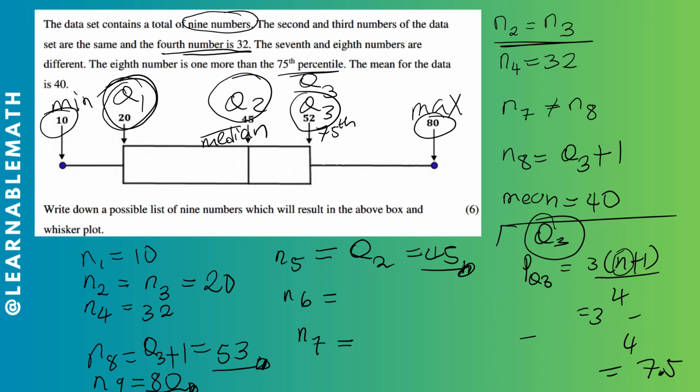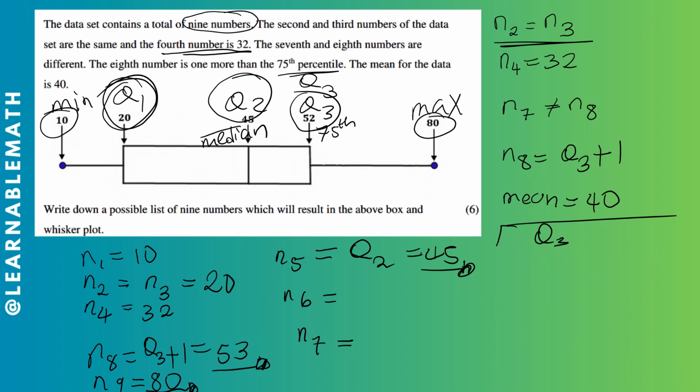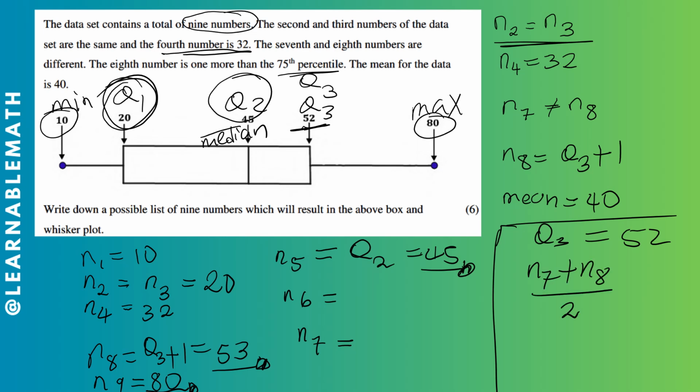In this case, we know that Q3 is equal to 52, and it's formed by number 7 and number 8. So we add them and divide by 2, which is equal to 52, because we already know this will give us 52.